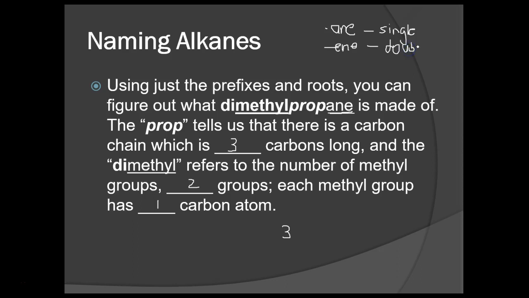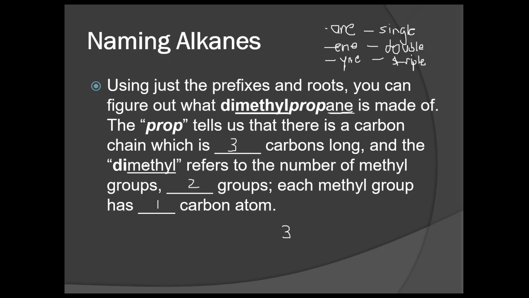Okay, this is horrible for writing. And then Y-N-E is going to be triple bonds. So propane means prop is 3, ane means single bonds. Dimethyl refers to the number of methyl groups. So di meaning 2, methyl meaning 1 carbon atoms.